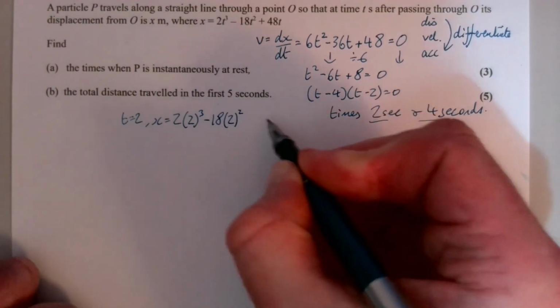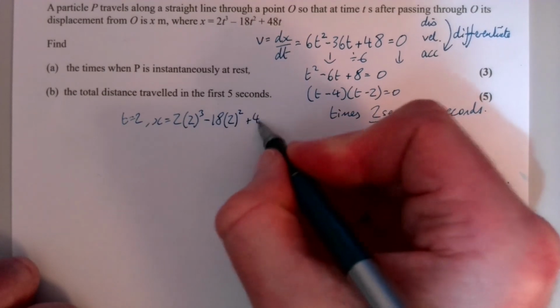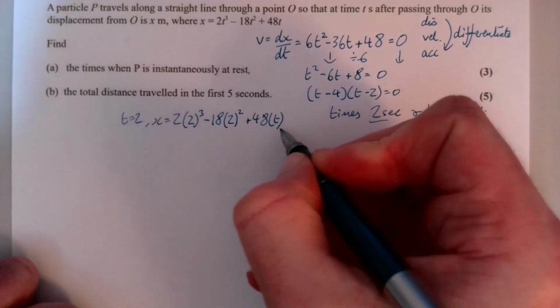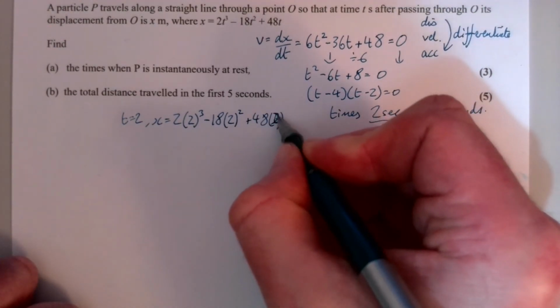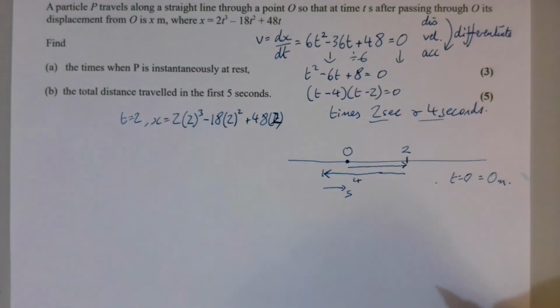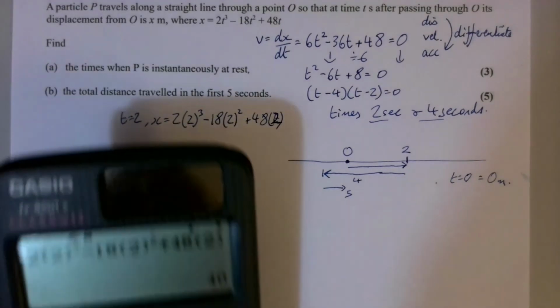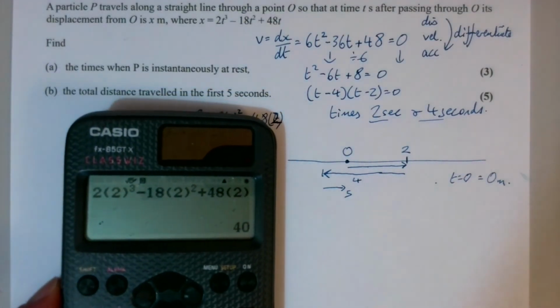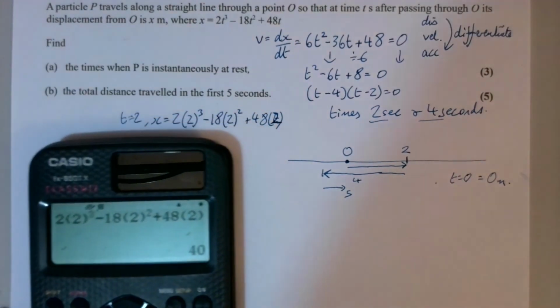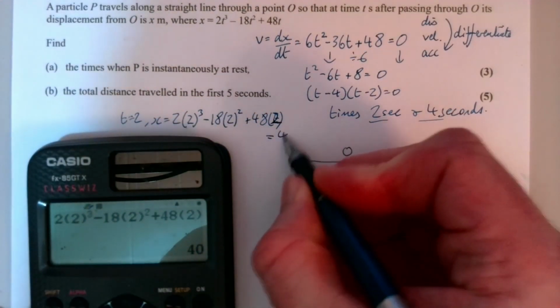and put 2 in instead of t, like that. And then you can pop 2 into the calculator so that what you get should look something like that. And that's your working to write down and your distance.